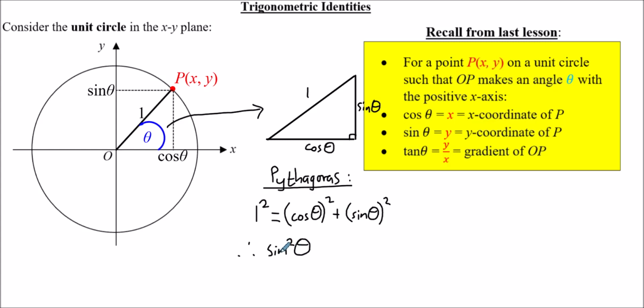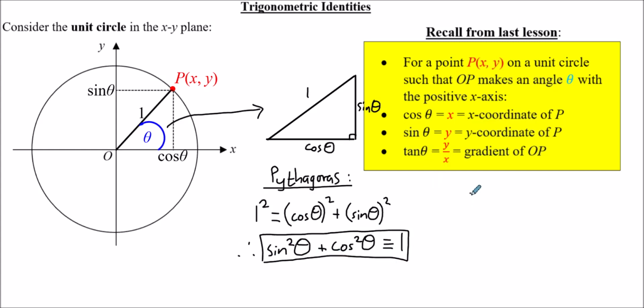So this means sinθ all squared. So sin squared theta plus cos squared theta, identity, always equals 1 squared, which is 1. And so that's one important identity.